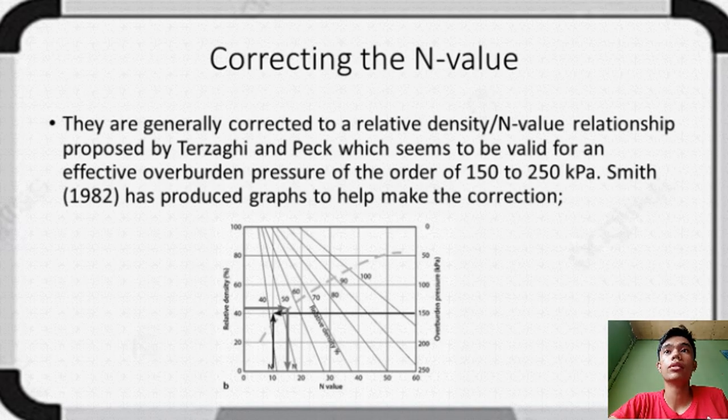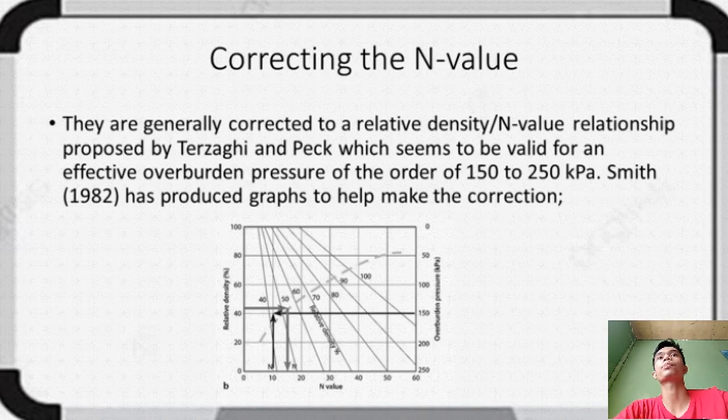So si Terzaghi og Peck daw kay naghimo daw sila isa ka solution para ma-solusyonan ning ilang problema sa N value. Unya si Smith kay naghimo siya graph para masuportaan daw ning solution nga gihimo ni Terzaghi ni Peck.